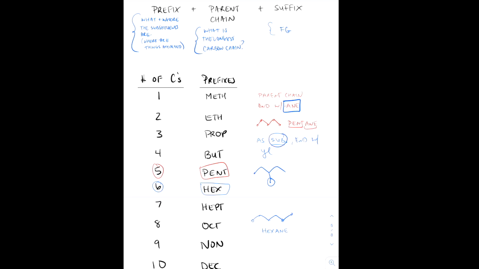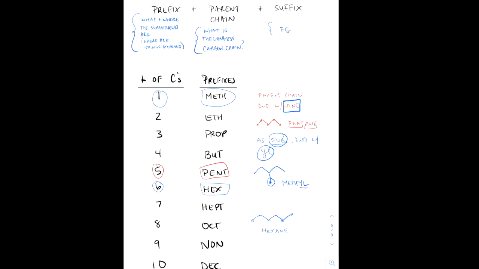As a substituent, we add the prefix and finish it off with a different ending. Rather than -ane, we end it in -yl. For example, this particular substituent has only 1 carbon, and therefore it has the meth prefix. Then, since it is a substituent, we finish that off with -yl.